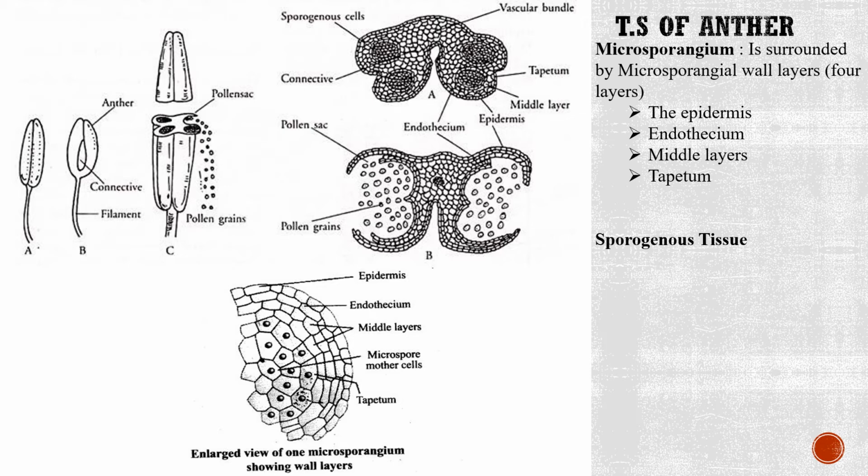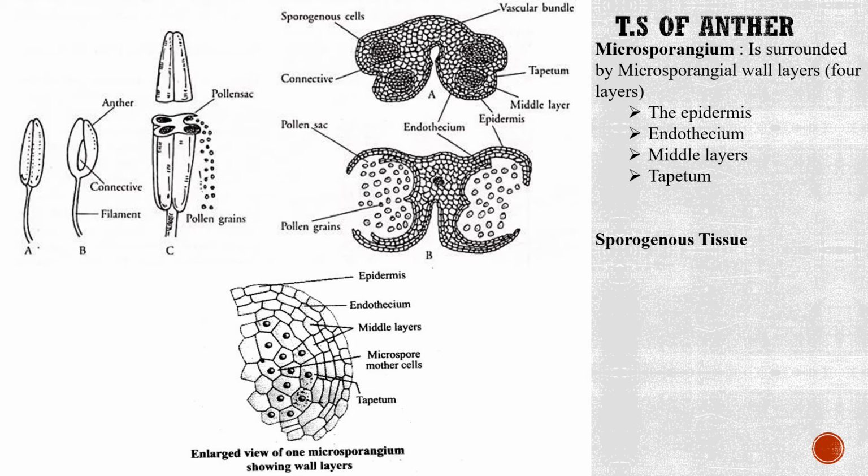Inner to the epidermis, we find the endothecium, which comprises thicker cells, and they may contain thickenings in them. Inner to the endothecium, we find multiple layers of middle layer cells. All these three layers, that is the epidermis, endothecium, and the middle layers, serve a protective function and protect the innermost microspore mother cells or the sporogenous tissue from the environment.